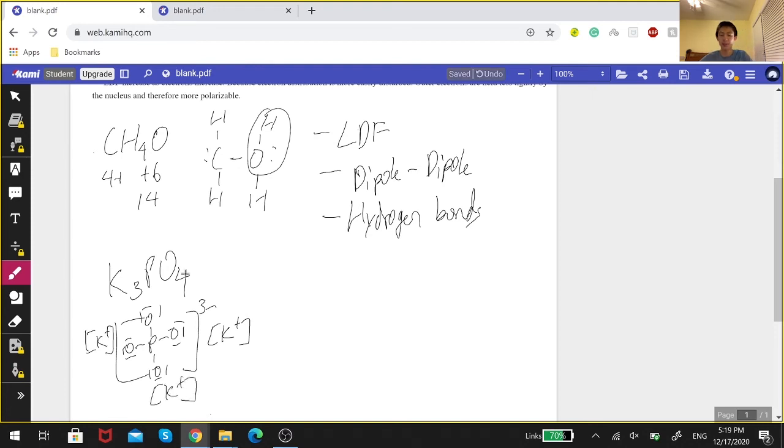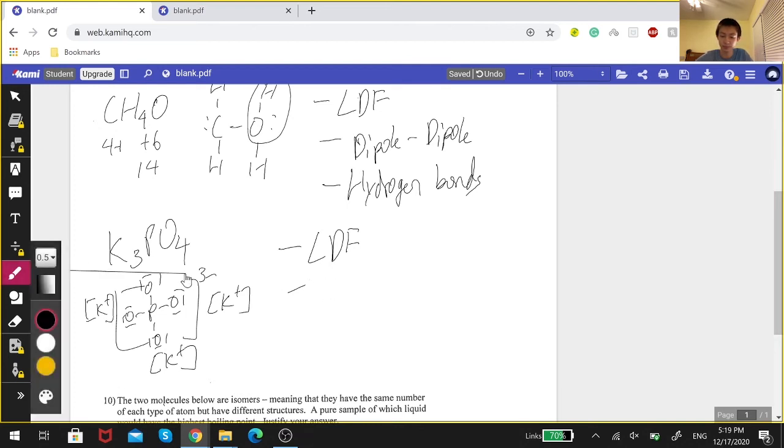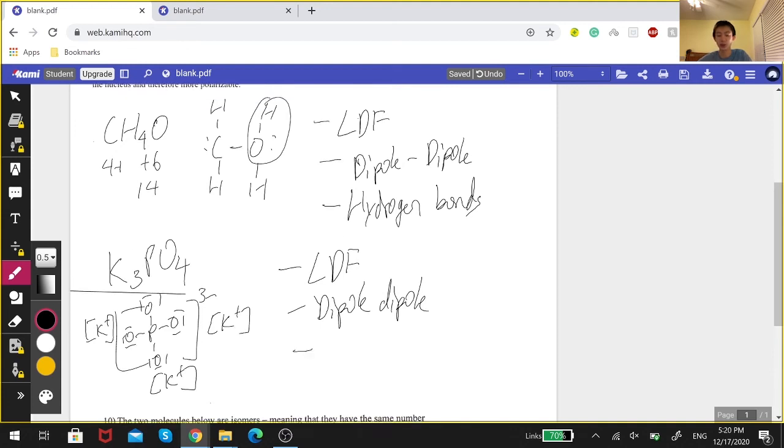So this is how it looks. Let's see. All elements have LDF. Is this ionic? It is definitely ionic. So this has dipole-dipole. Does it contain hydrogen bonds? We don't even see hydrogen anywhere, so there's no way it contains hydrogen bonds.